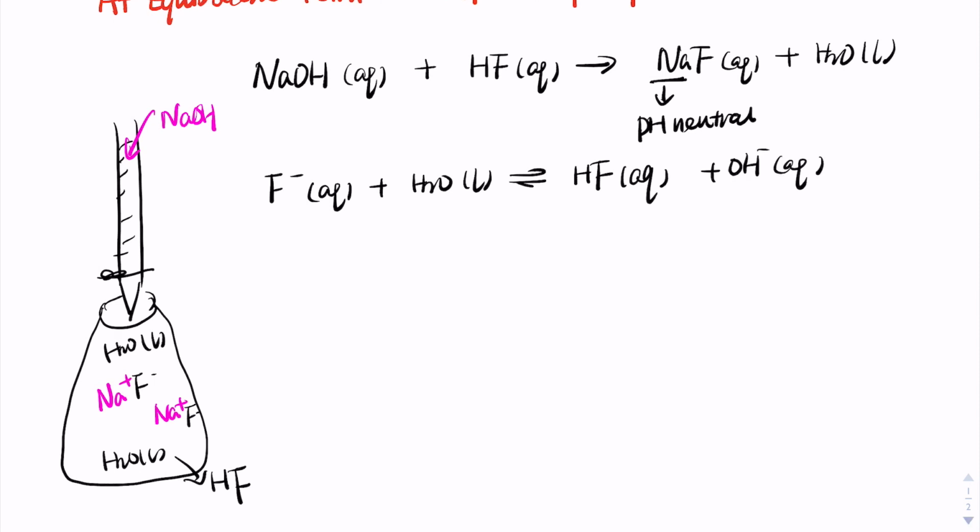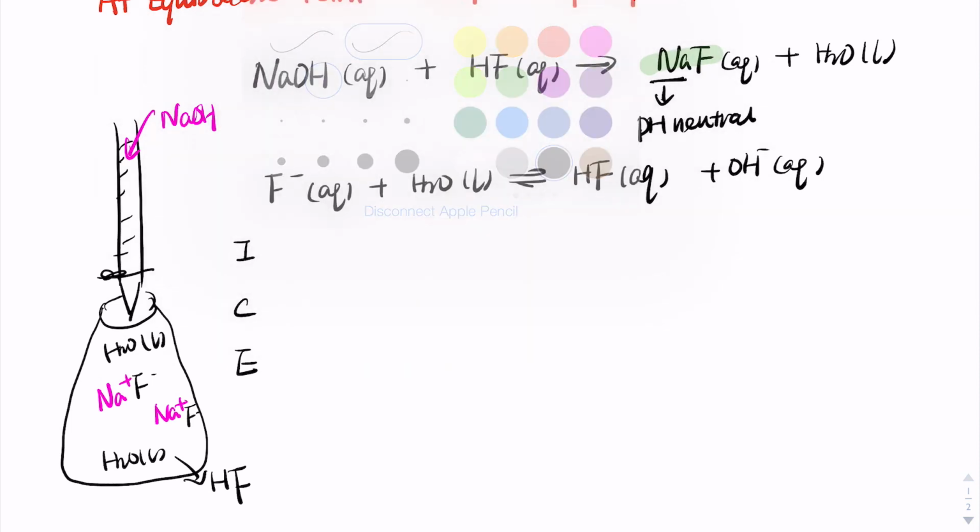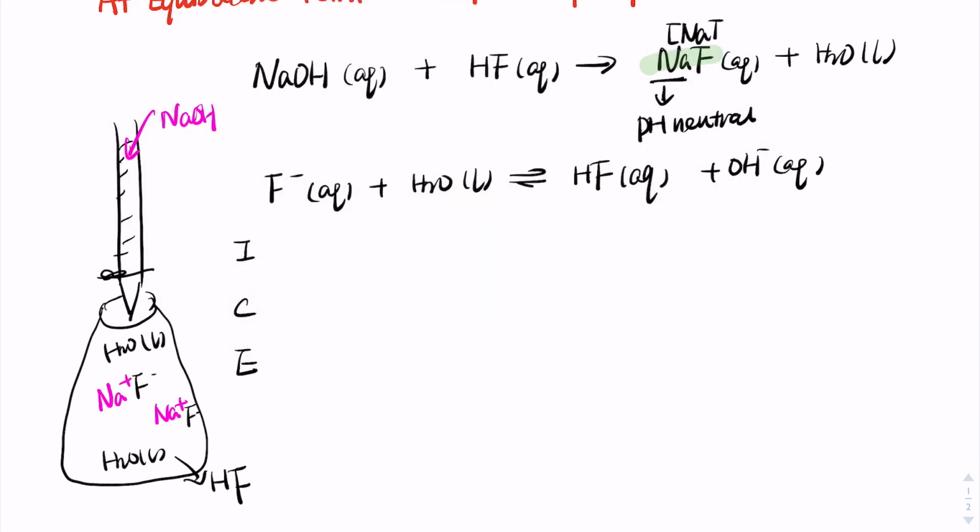So from here we need to set up our ICE table. The problem will be what's the initial concentration of this fluoride ion. Of course it's coming from sodium fluoride, so the next question will be how you calculate the concentration of this sodium fluoride. That matters how many moles you produce from your acid-base neutralization reaction.